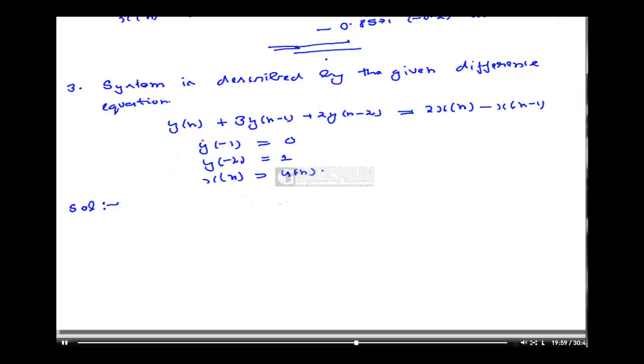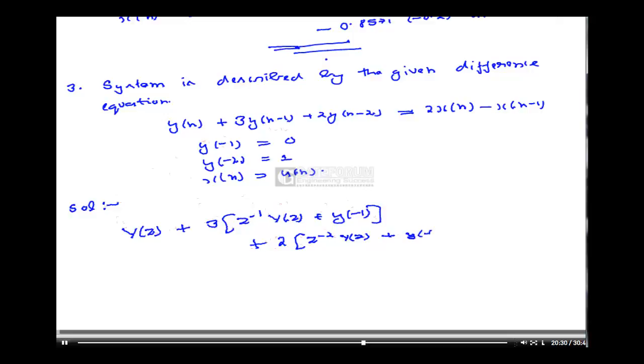Converting the given difference equation in terms of Z transform, I can write this as, for y[n] I can write Y(z), for 3y[n minus 1] I can write 3 outside, z inverse Y(z) plus y[minus 1]. 2 of y[n minus 2] I can write as 2 outside, z inverse squared Y(z) plus y[minus 2] plus z inverse y[minus 1].